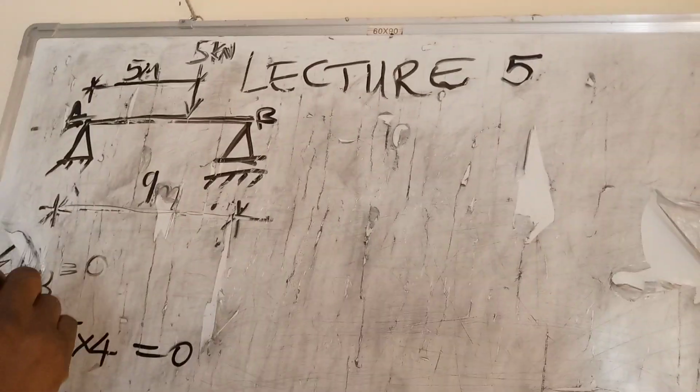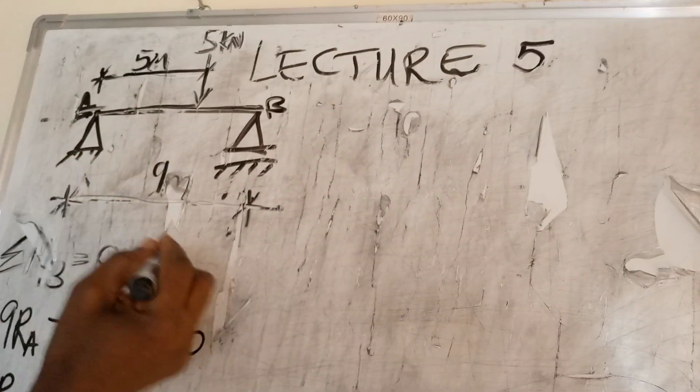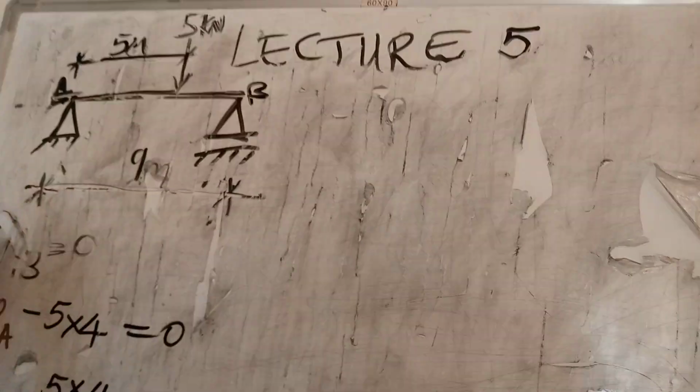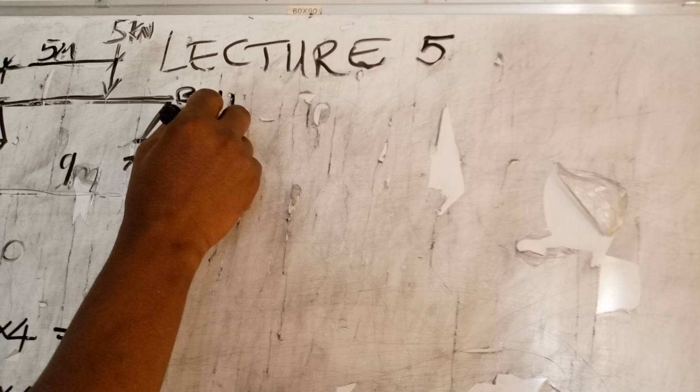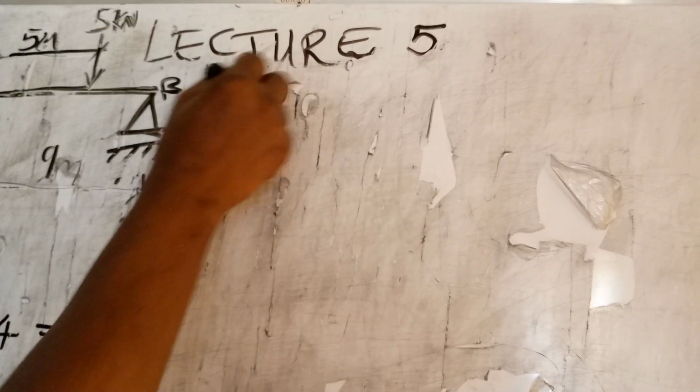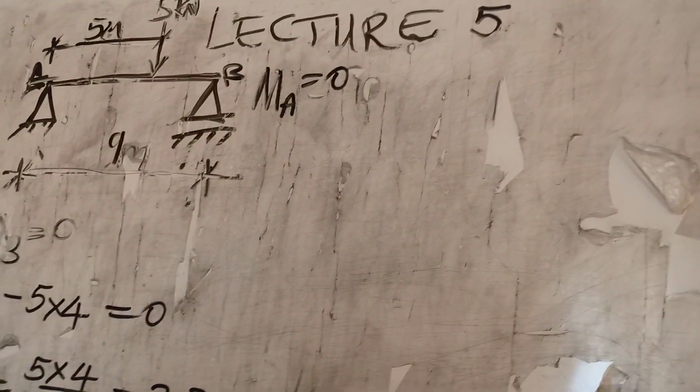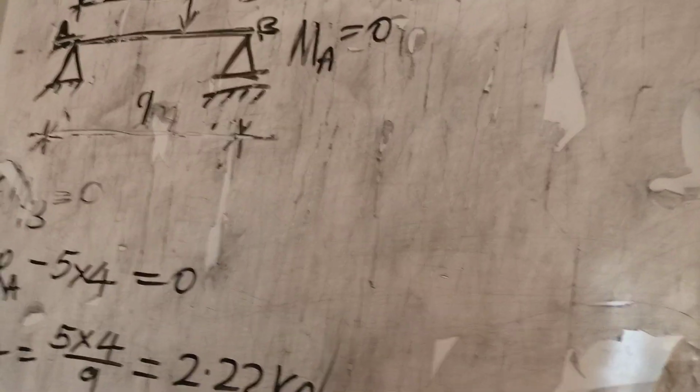So bending moment at A will be equal to 0. The support there doesn't resist bending moment. MA is equal to 0.